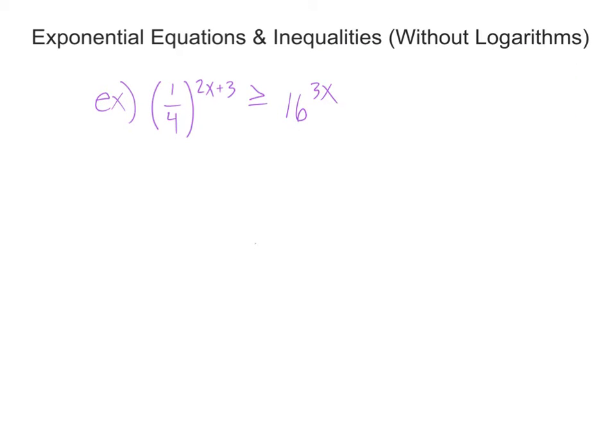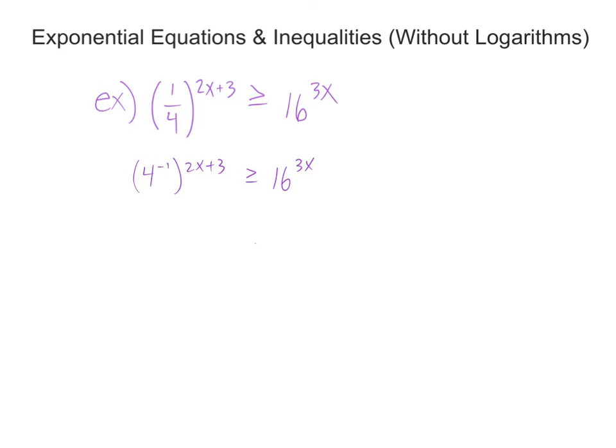Okay, so we've kind of seen stuff like this before. If we wanted to do this one and keep the base bigger than 1, like we've been doing, let me call this 4 to the negative 1, to the 2x plus 3, greater than or equal to 16 to the 3x.